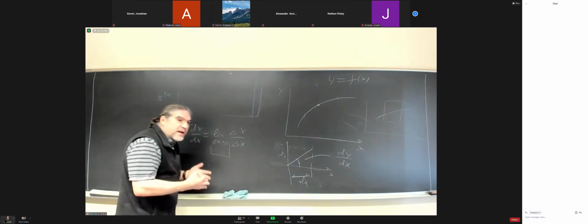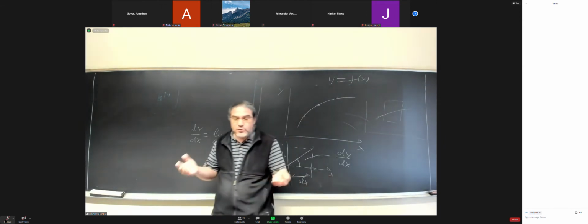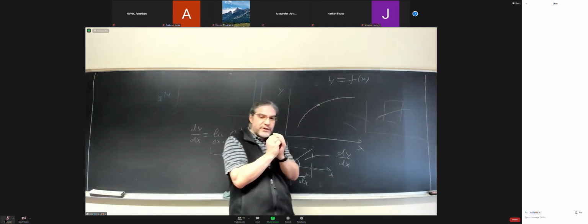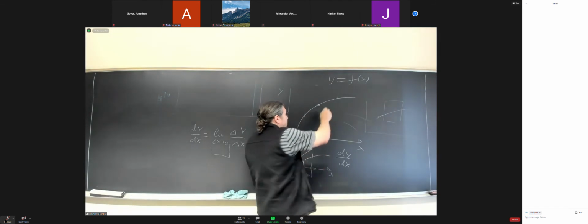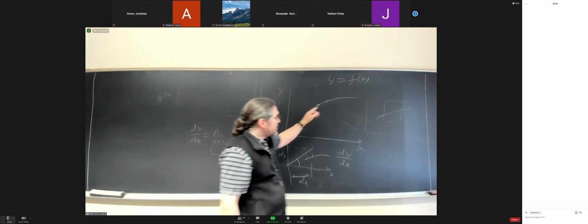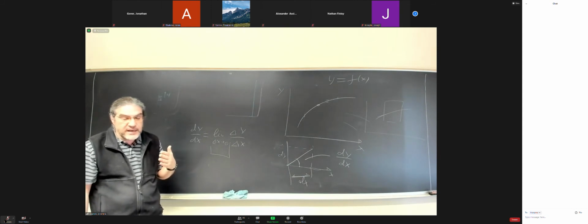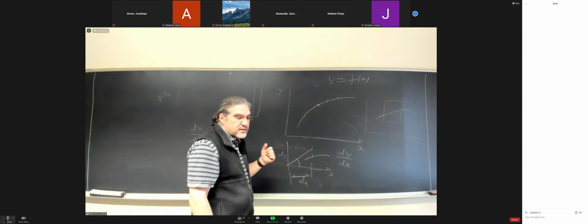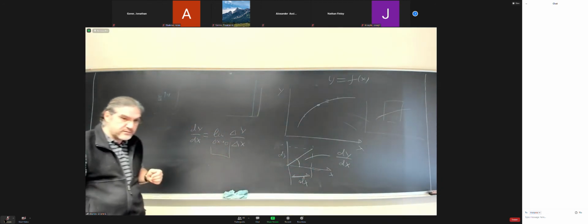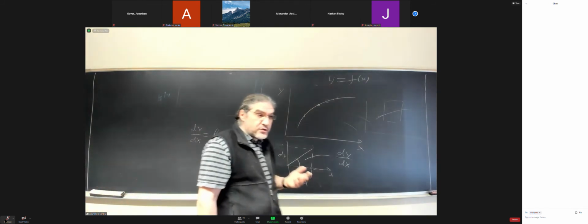So the story behind it is that at every point, no matter how complicated the function is, if it's smooth, in a very small interval, any function looks like a straight line. And that's exactly the idea behind the derivative. Right? Because that's a derivative, right? That makes sense?